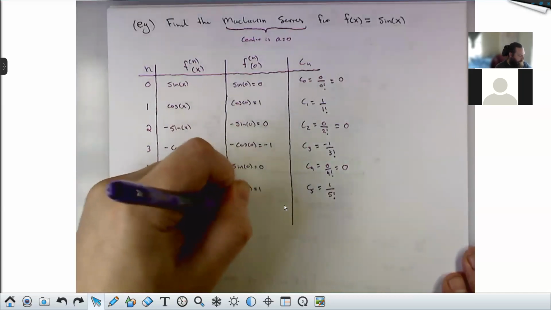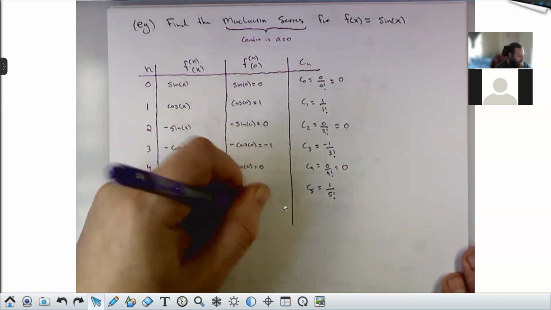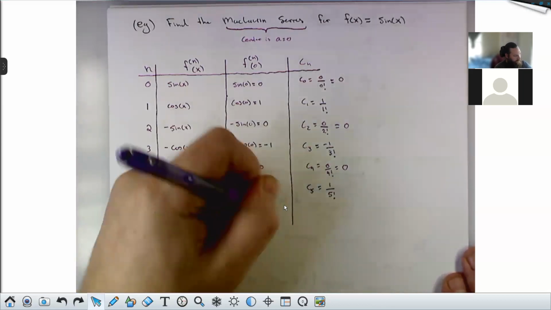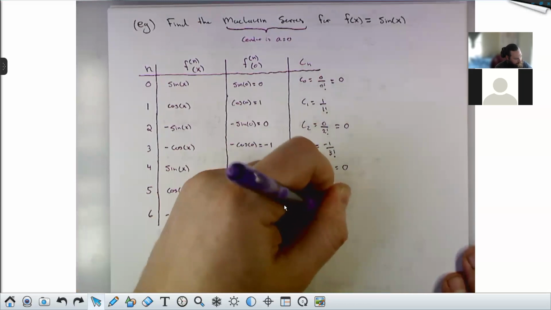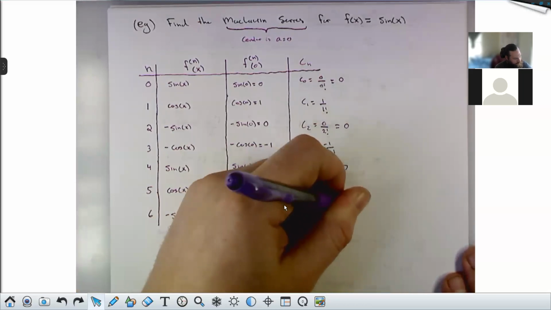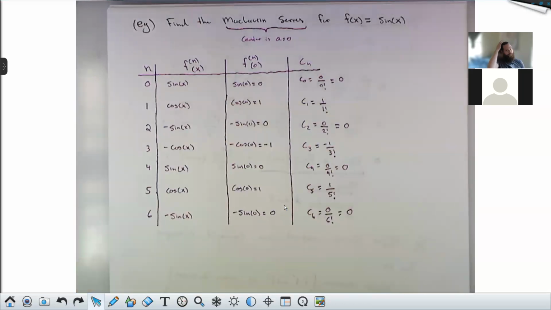Plug in 0, you get negative sine of 0, which is negative 0, which is still 0. So C6 is 0 over 6 factorial, which is 0. Many of these are 0. From a certain perspective, exactly half of these are 0.